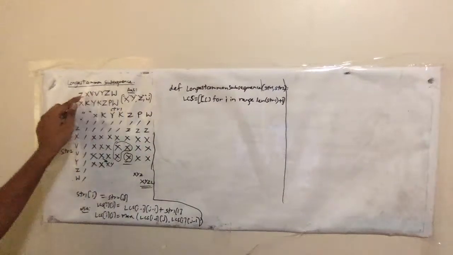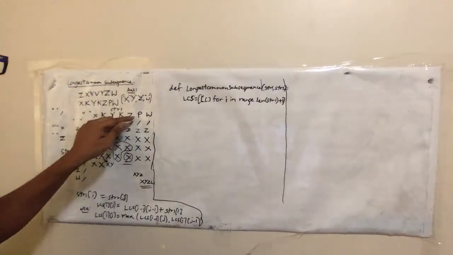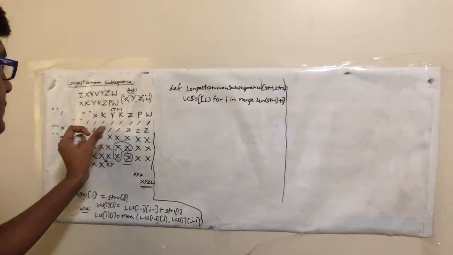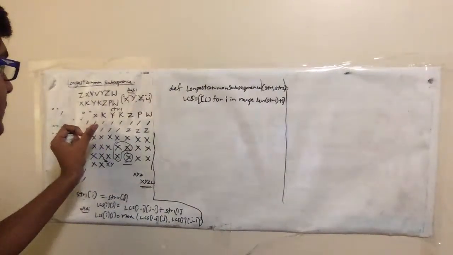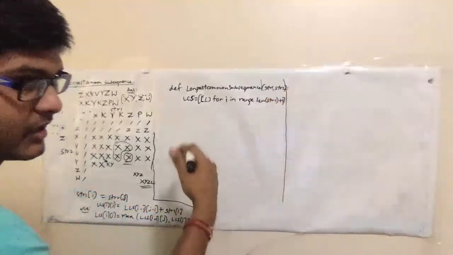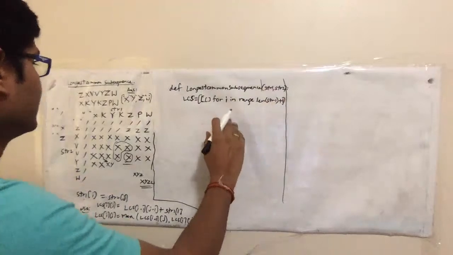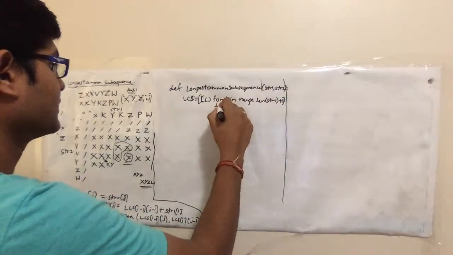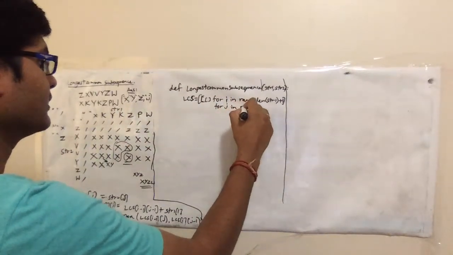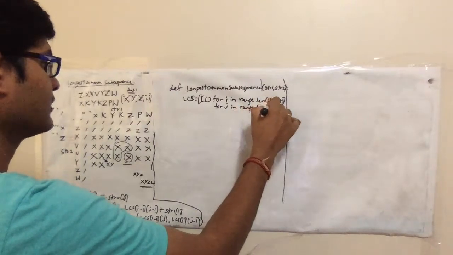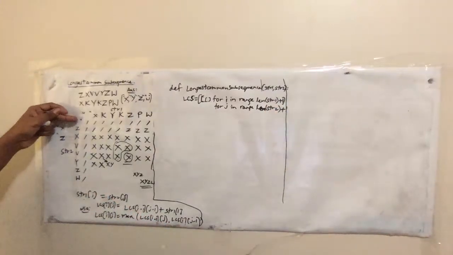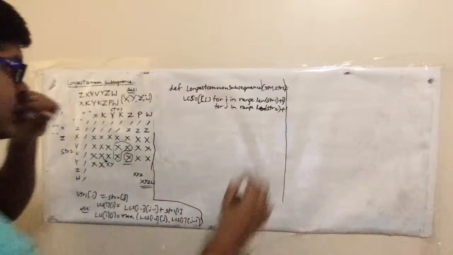So if the string has 7 characters, 7 plus 1 is 8, it will iterate 8 times, but the indexes would be 0 to 7. And do this part like rows. For I, for j, in range, length of string 2 plus 1, because we added the empty string here too. This is plus 1.